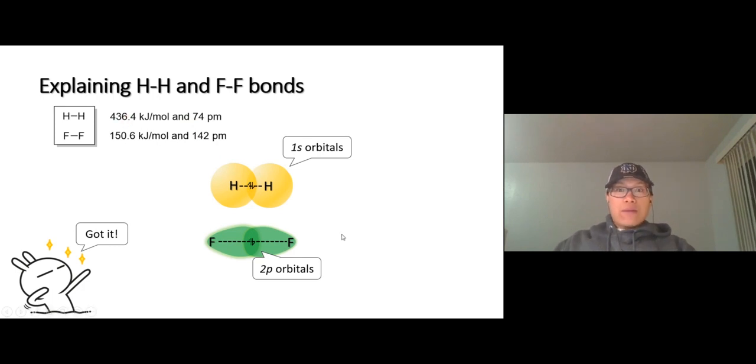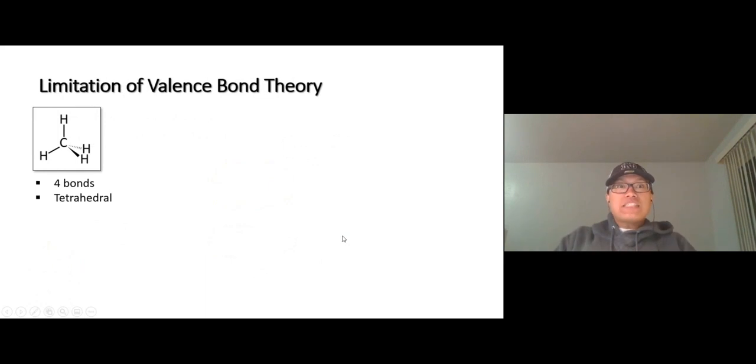Now there's some limitation. Nothing is perfect. Valence bond theory has some limitations, and here it is. Methane, we know the structure looks like this, a tetrahedral, carbon forms 4 bonds, right?